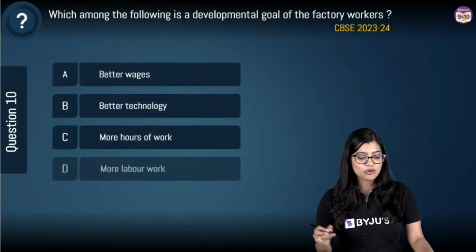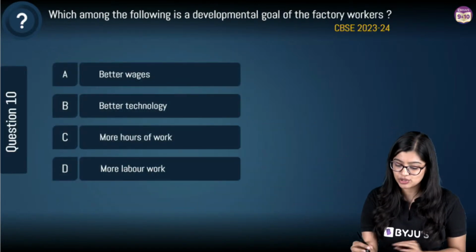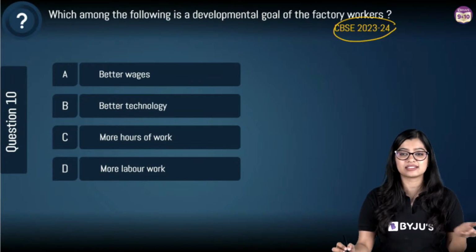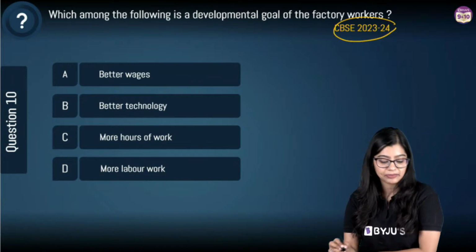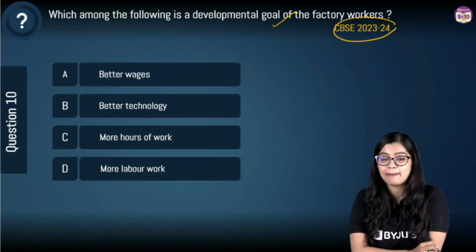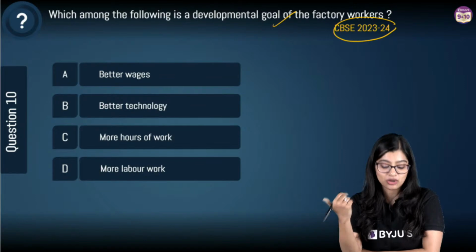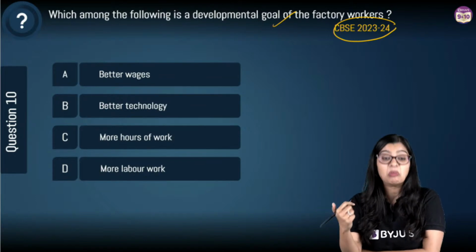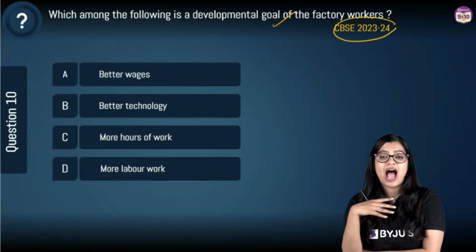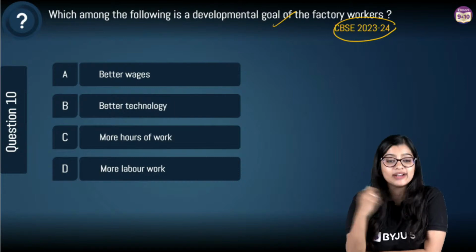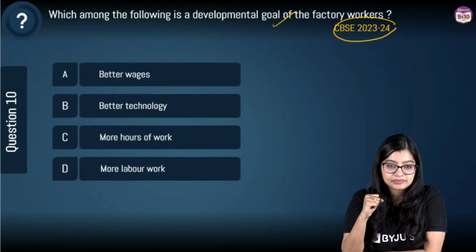Yes. Now moving on to the next question, which is again there in your board exam. These are all last year questions that I have taken. Which of the following is a developmental goal for factory workers? Better wages, better technology, more working hours, more labor work. If I am a factory worker, what is going to be my development goal?